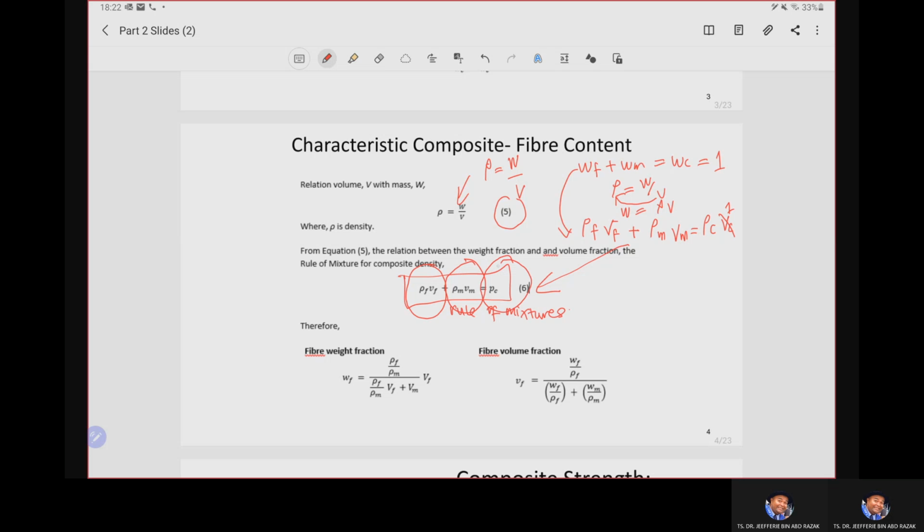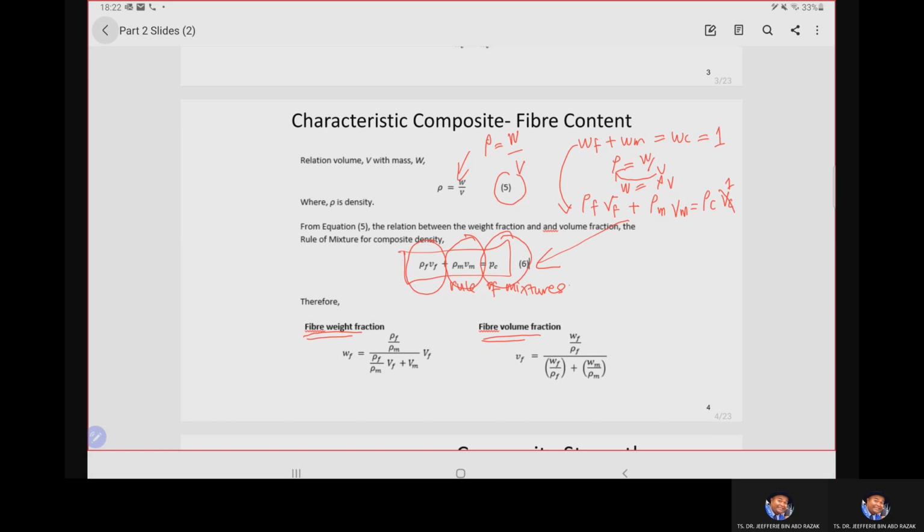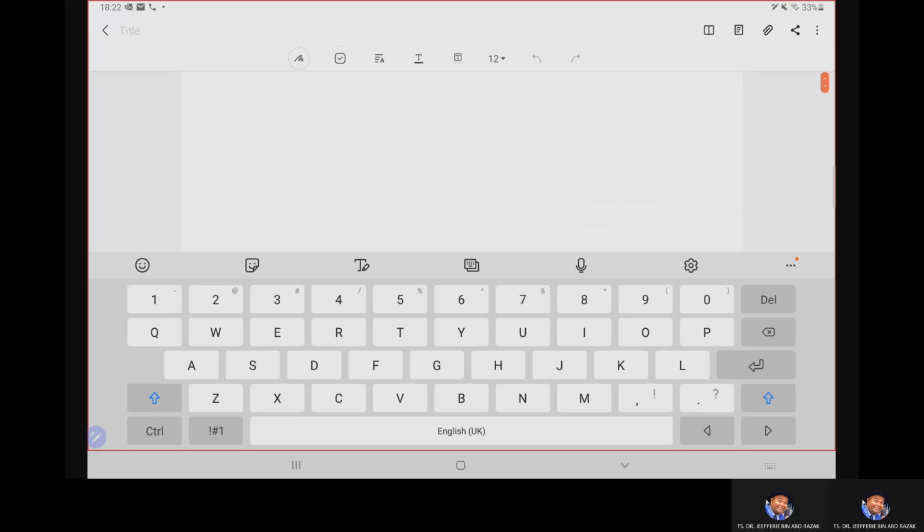Therefore, to derive the fiber weight fraction and fiber volume fraction equations at the bottom left and right here, we can start from somewhere here. Let's have a look at a clean sheet of paper.